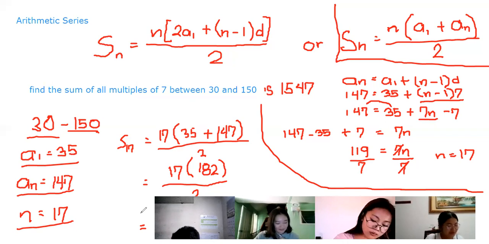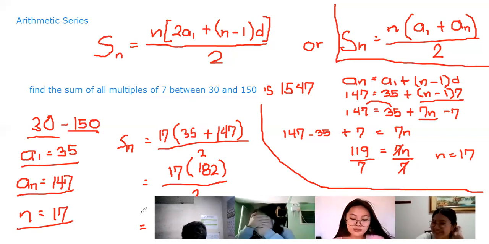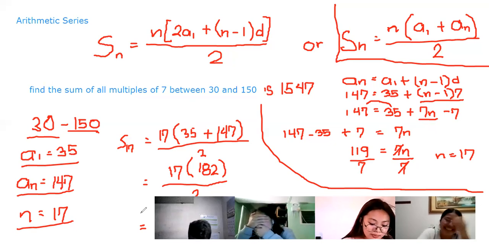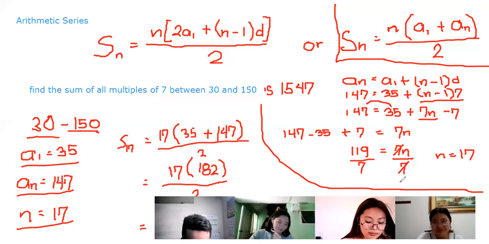Sir, paano po kapag find the sum of all even numbers or odd numbers tapos between a number tapos number? Ganun po. Yung parang pinagsama yung dalawa, no? Pinagsama yan, pati yung kanina. So, iisipin lang natin, na-screenshot nyo na ba to?